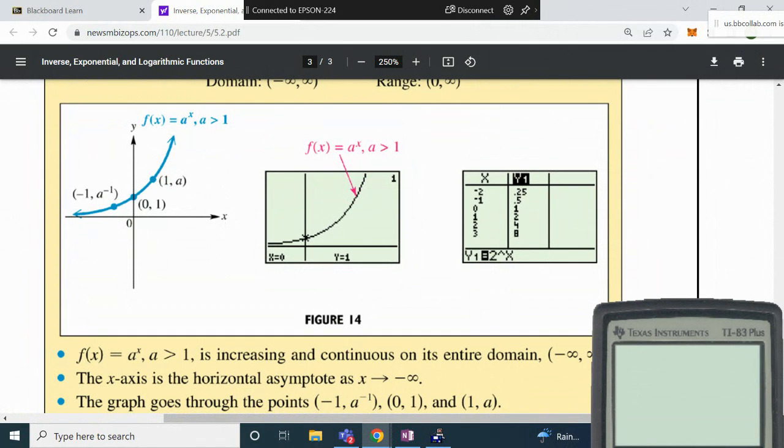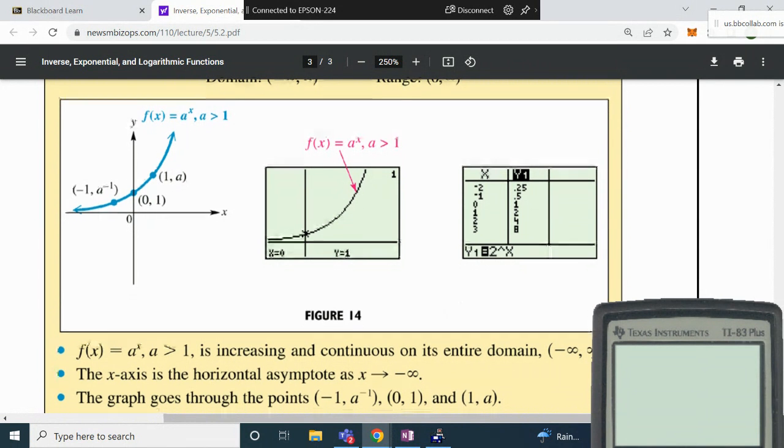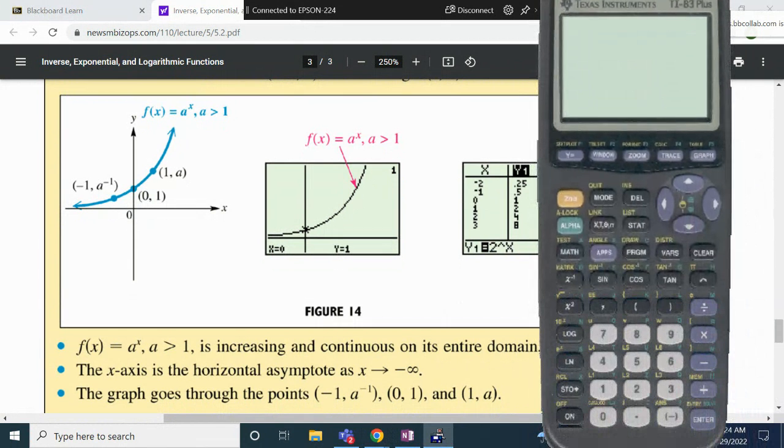Every exponential function has a horizontal asymptote. So that horizontal asymptote would be the horizontal line that your graph gets closer and closer to but never actually touches. All right, so I'm going to just pull up the calculator.